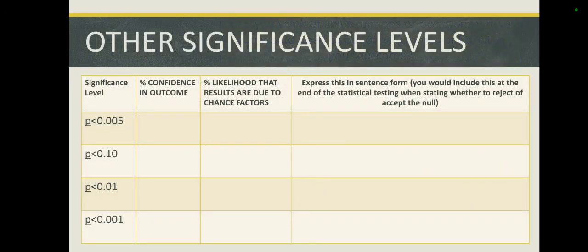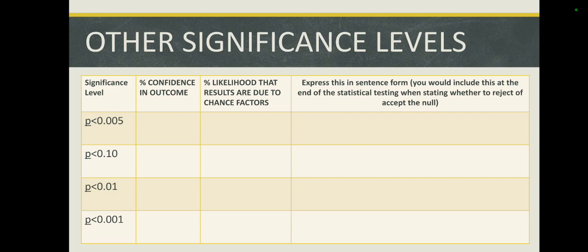So let's just take a look at what some of those other significance levels actually look like. If we look in that left hand column, we've got p is equal to or less than 0.005, p is equal to or less than 0.10, p is equal to or less than 0.01, and p is equal to or less than 0.001.